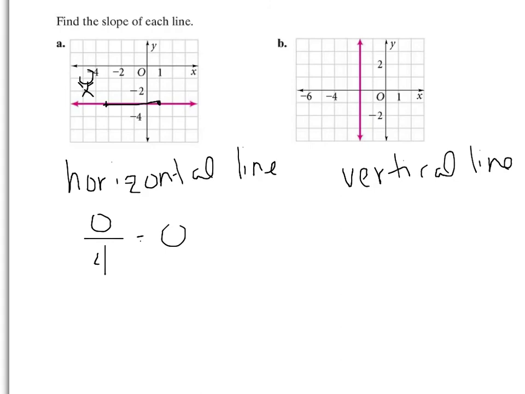So we don't really know what that human form would look like, but here's the idea behind that: you have a specific rise but you end up dividing by 0. And when you divide by 0, we actually say that that is undefined.